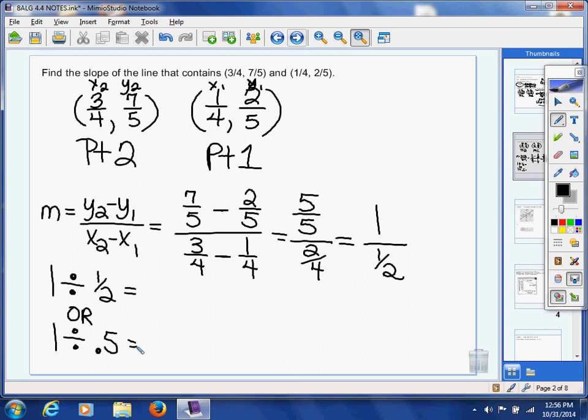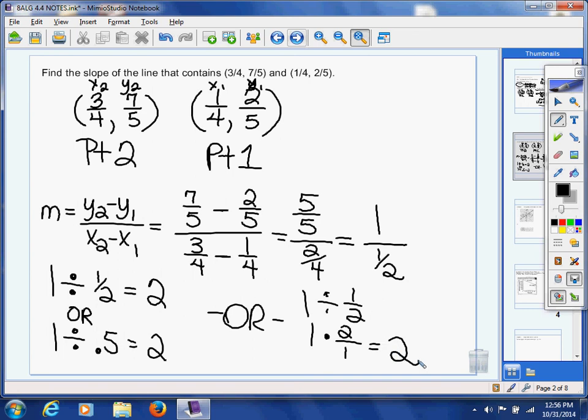If you got the number 2, you're exactly right. Or you could do the good old copy, change, flip. Copy, change, and flip that second fraction over and got it 2 as well. So the slope of this particular line with those points that are fractions, the slope is 2.